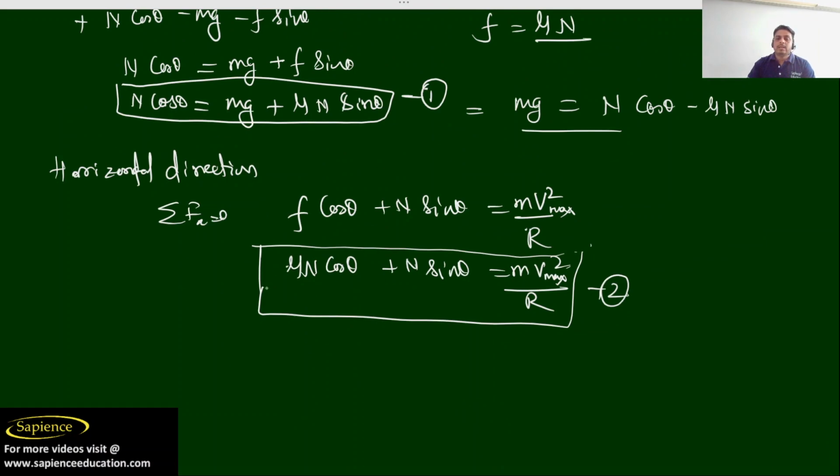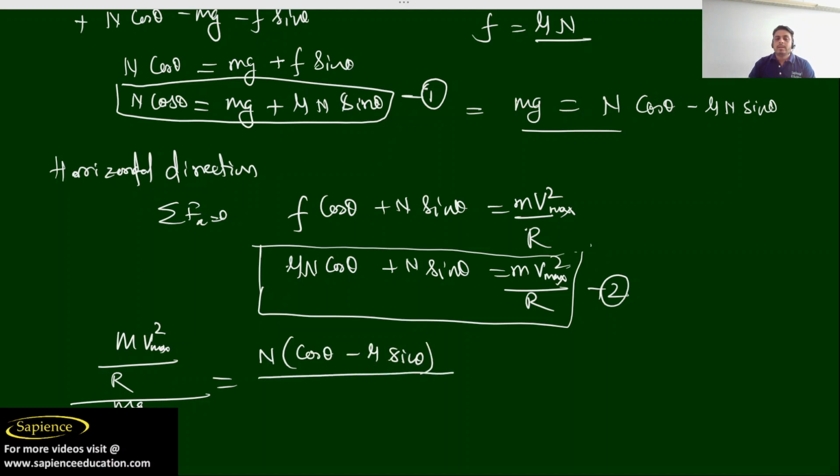Now can I write m v max square divided by r divided by mg, and this is equal to N. Can I take it common? So this will be cos theta minus mu sin theta, divided by, in this equation also, we can take the common N. So if I take a common N, it will be mu cos theta plus sin theta.